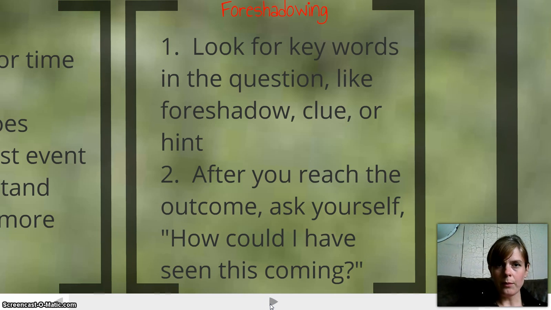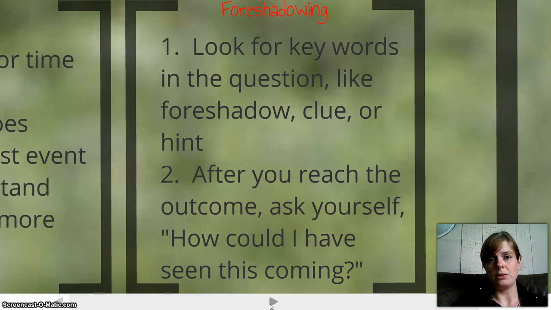And secondly, when you're looking for foreshadowing, one thing you need to look for is in the question stem. So actually, after you finish reading the selection, when you get to the questions, look in the question stem for words like foreshadow, clue, or hint. All of those have to do with the author's purpose and why they would use foreshadowing, clues, or hints as to what's going to happen in the future.